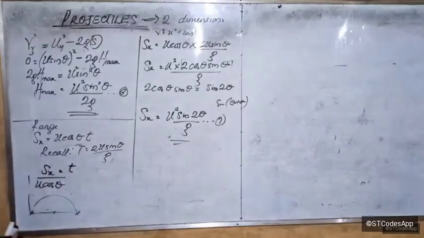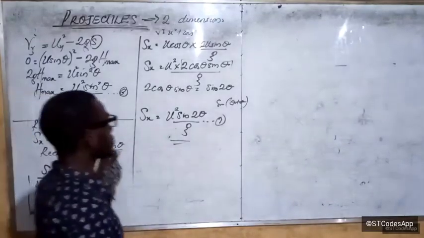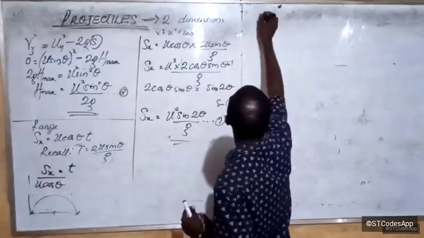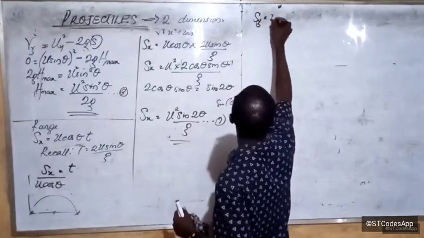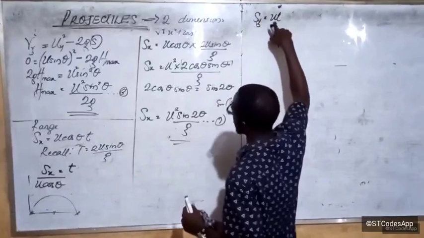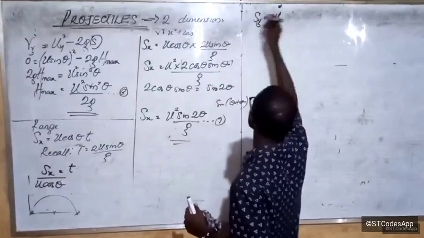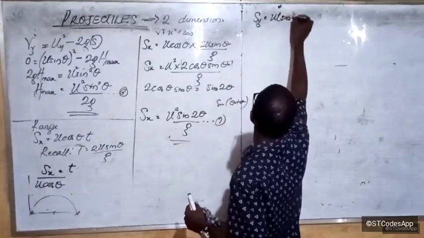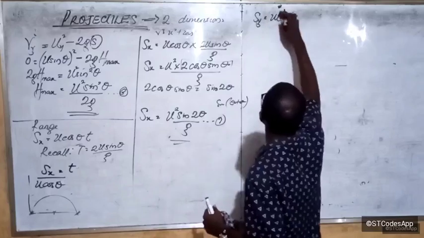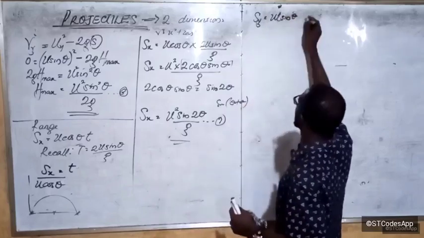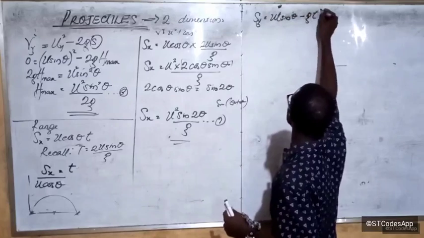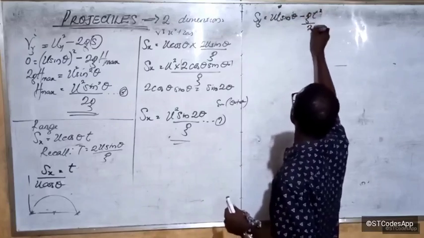So we have this, making t the subject of the formula here. And we know that s sub y from that equation we had was ut. Now this u was the u on the y-axis, right? So that'll be ut sine theta minus gt squared over 2.